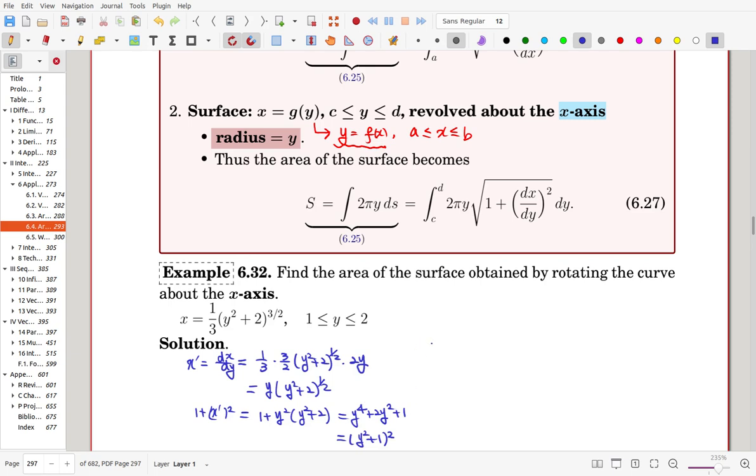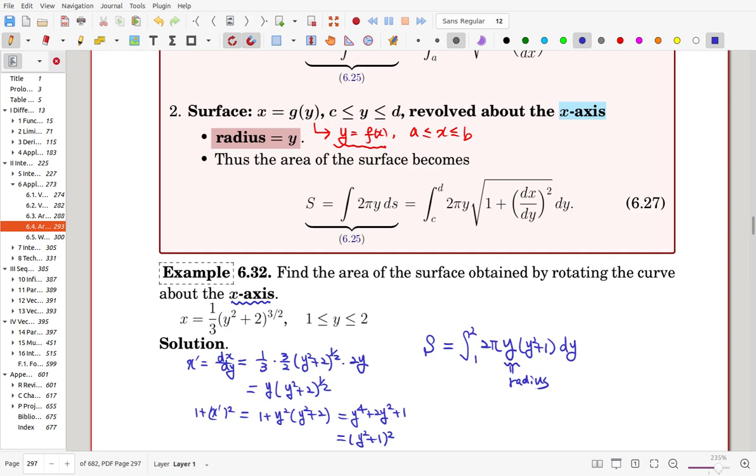So here, the surface area is the same as the integral with y moving from 1 to 2, and 2 pi, and because of x-axis rotation, y is the radius. Let's put it here, y, and then the square root of that portion, which is now y squared plus 1, and dy. Here that is now the radius, right?